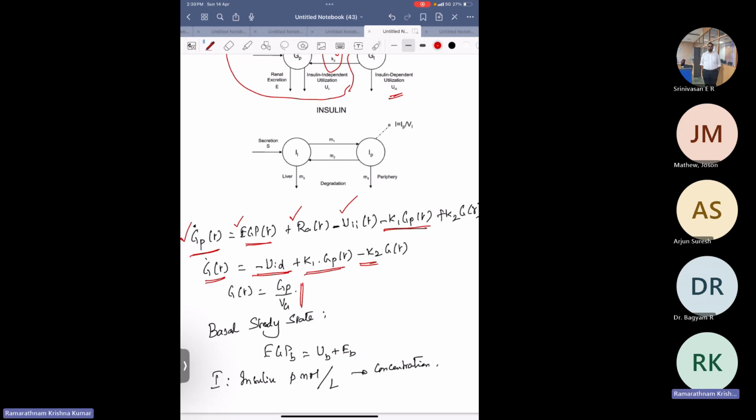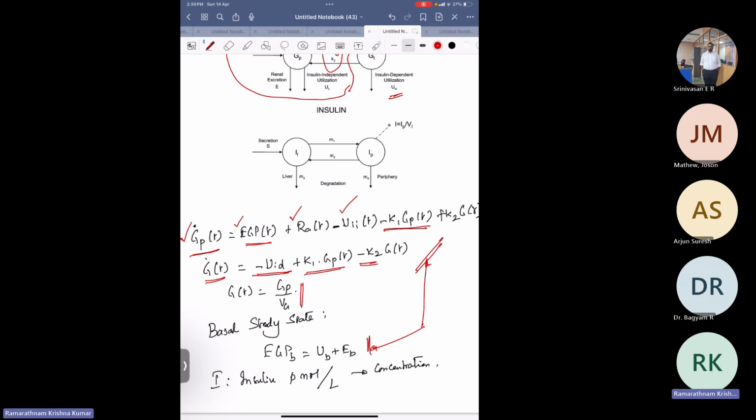Now, there is always a basal level in most of these enzyme kinetics, hormone kinetics, and so on. Okay, all things happen above the basal. So in other words, all these equations are accompanied by a basal equation.